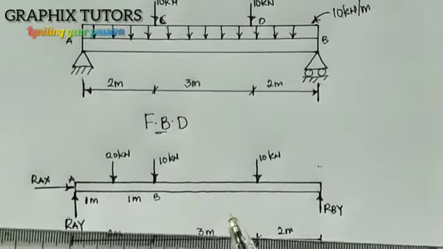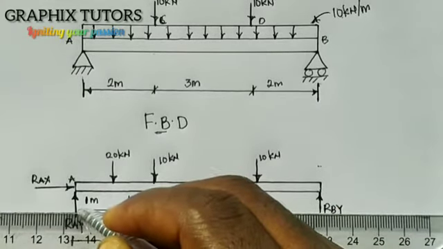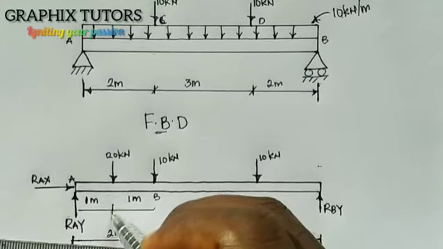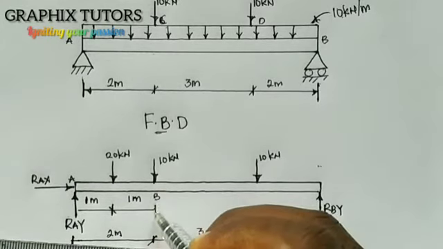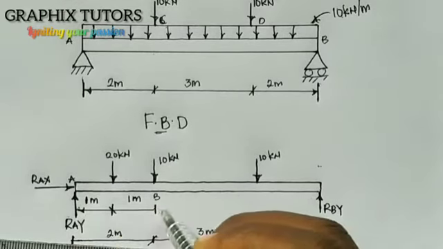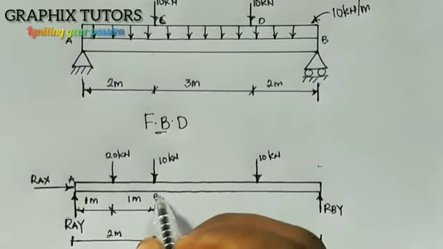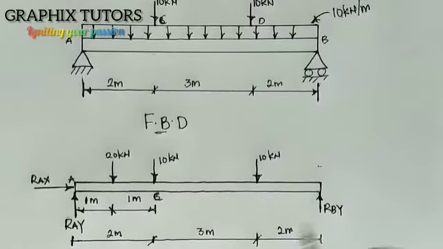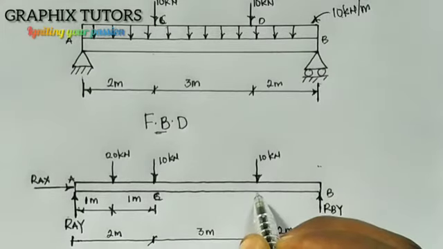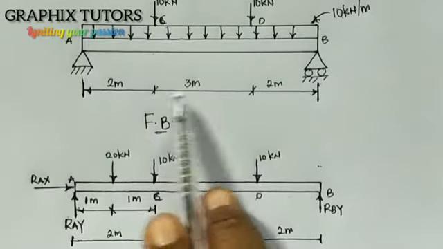So I can just do this way to make our work easier. At this distance here, we say this is 1 meter. So the distance between them is 1 meter. Now, this is our point C. Let's not make that mistake. Point C. Then this is B, and this is D. So at points between C and D, we have 3 meter acting.